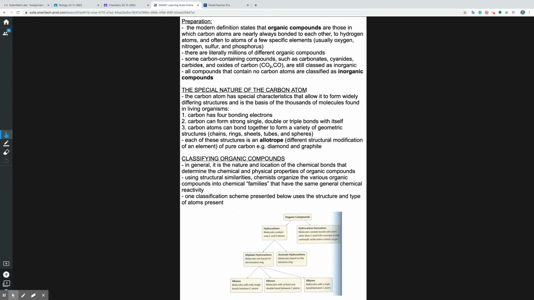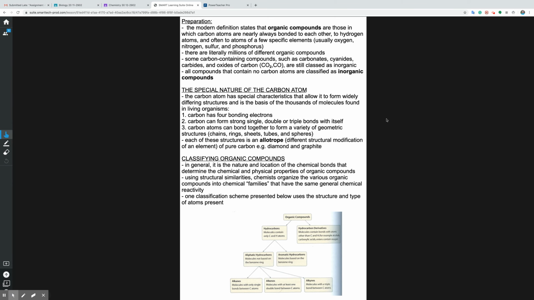So no ionic compound is classified as organic. Really the only molecular compound that has carbon and oxygen is the oxides of carbon, so CO2 and CO. These are inorganic, so they're the ones that you kind of have to remember. The rest fit into that category of ionic.